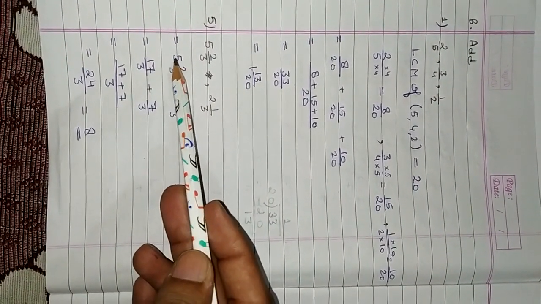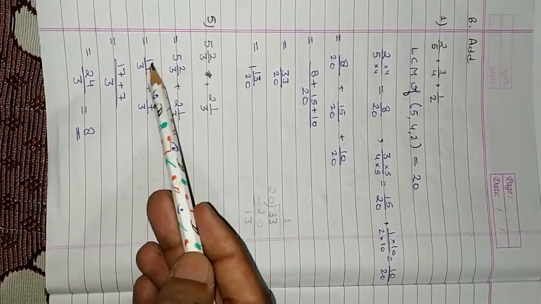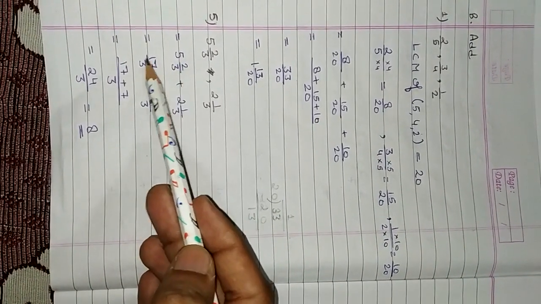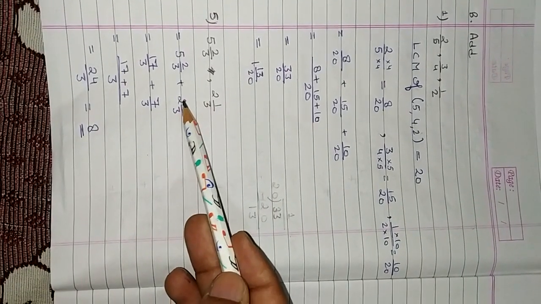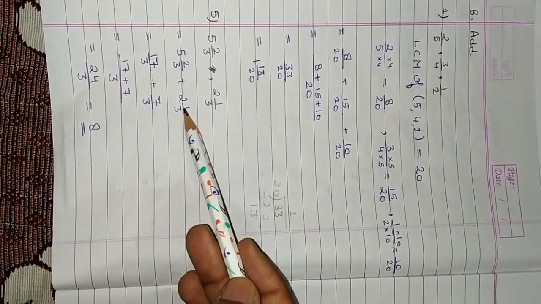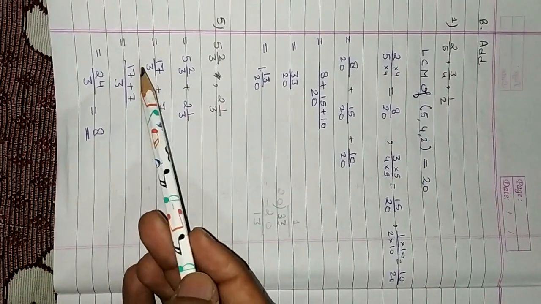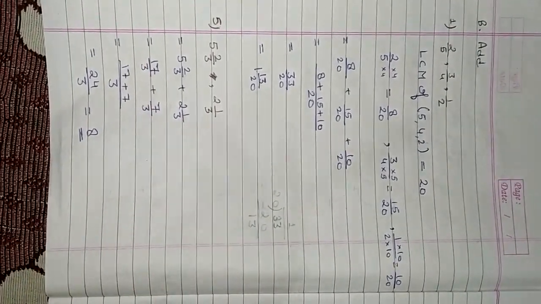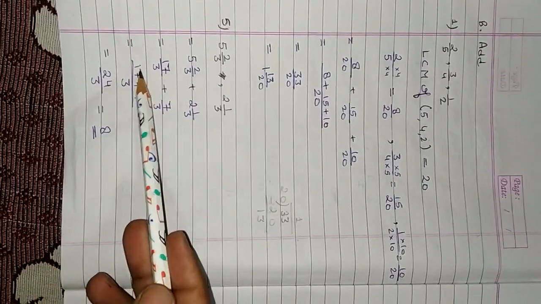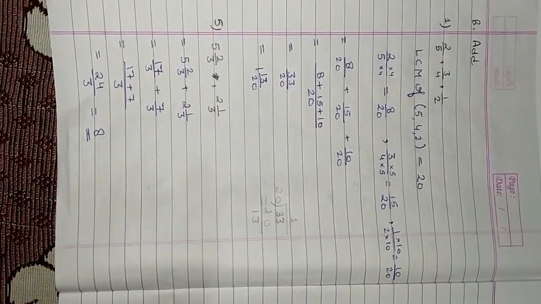Multiply the denominator by the whole number, then add the numerator. 5 3s are 15. 15 plus 2, 17. 17 by 3. 3 2s are 6, plus 1, 7. 7 upon 3. Here the denominators are the same, so no need to take the LCM. Just add the numerators. 17 plus 7 is equal to 24. 24 by 3 is equal to 8.